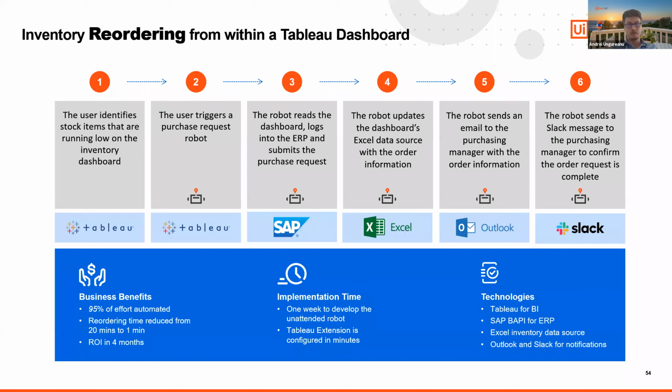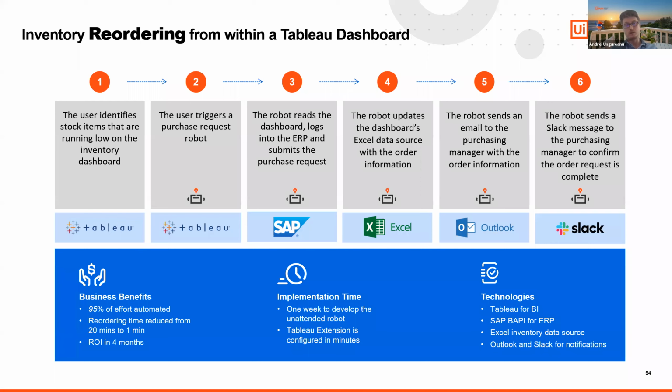The business benefits, of course, would be that 95% of the effort would be automated, and the reordering time and switching between views can be reduced from 20 minutes to 1 minute, and an estimation of an ROI of 4 months.